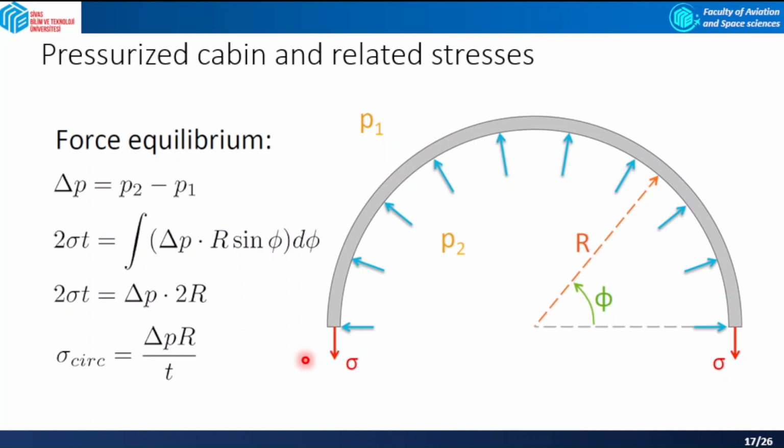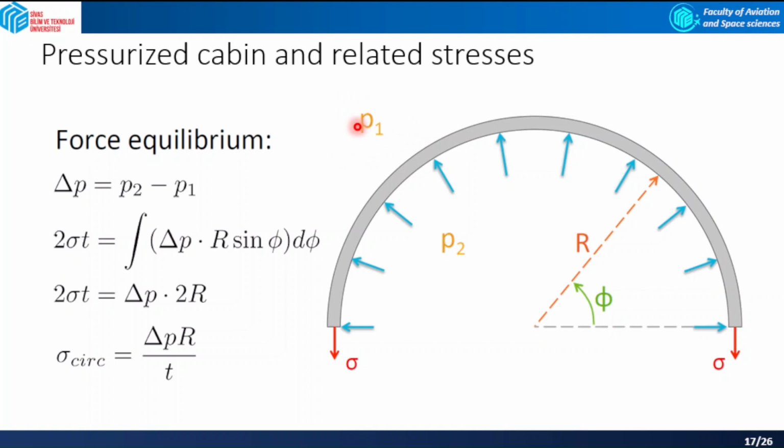If you assume that the half cylinder has a length of 1 meter and the thickness is t, small t, and the radius as shown here is r. We consider the pressure inside the cylinder as P2 and the pressure outside as P1.